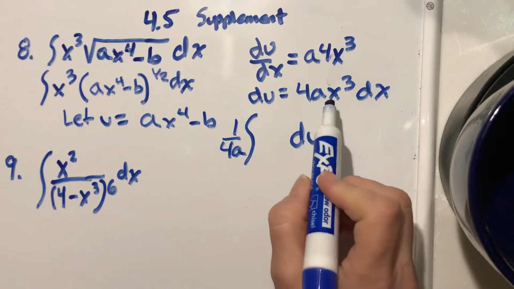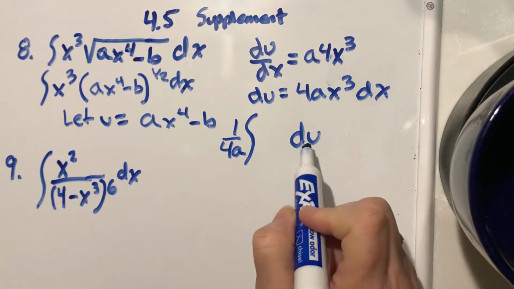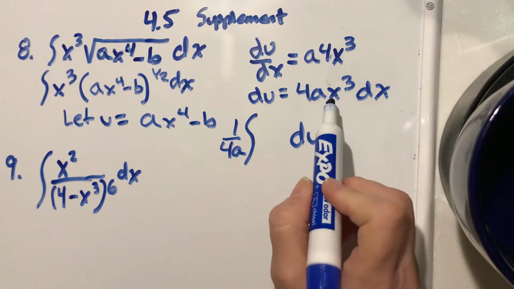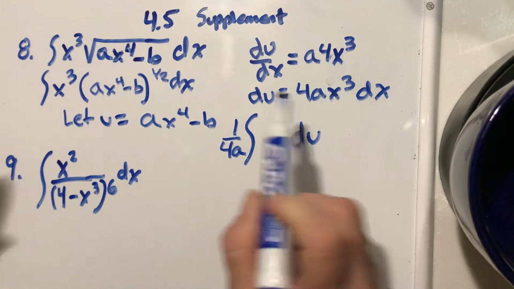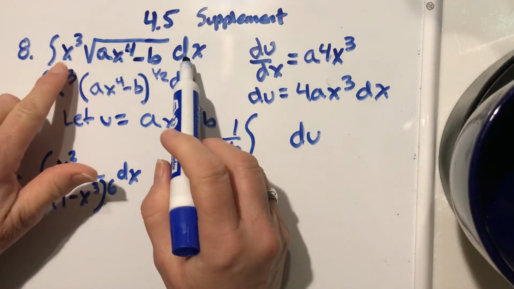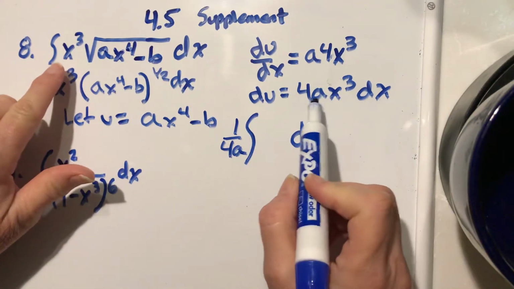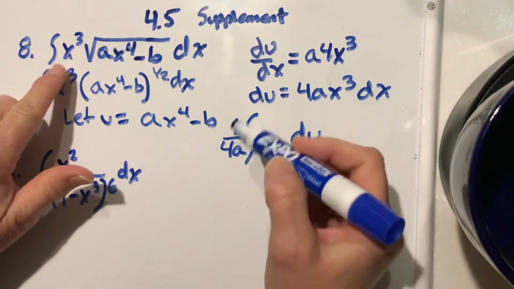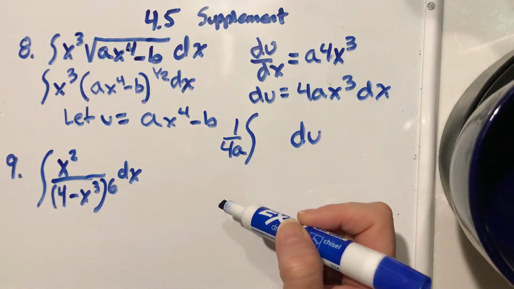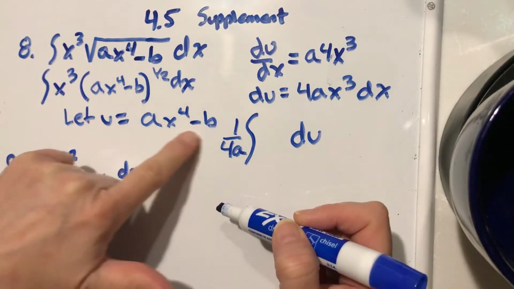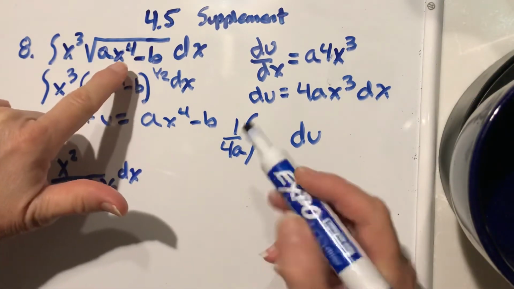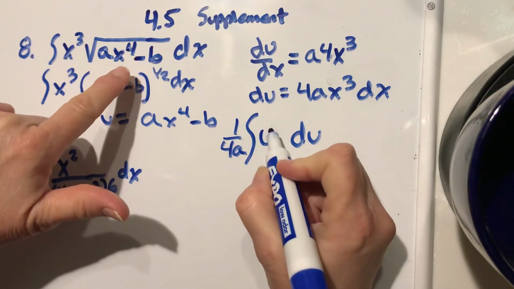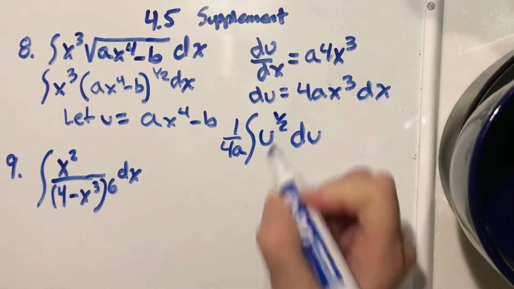Okay, so now what do we have? We have our du, which is our x cubed dx. There's our x cubed dx. We have our 4a, which we don't want, so we're going to multiply by its reciprocal. And then we said that u is all of this inside, so we're going to say u to 1/2.